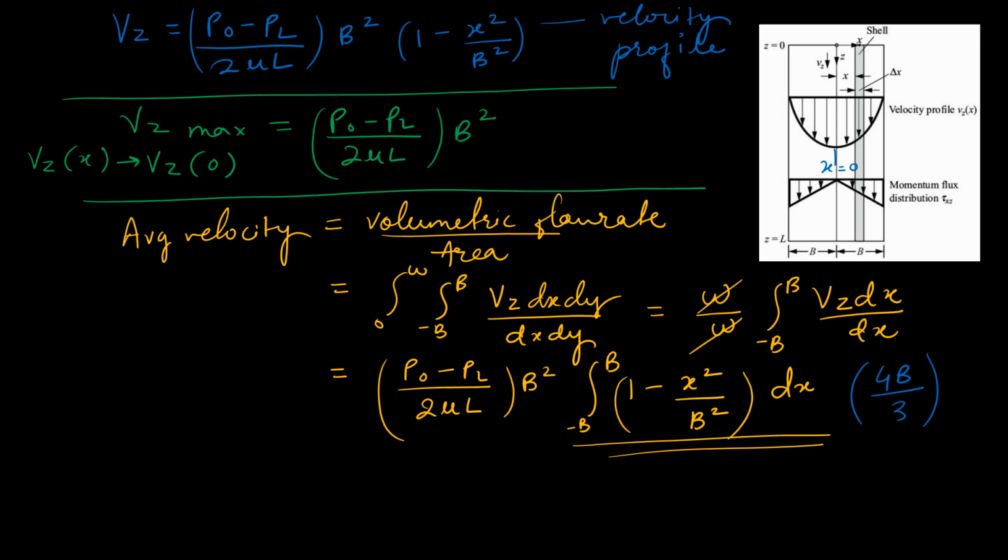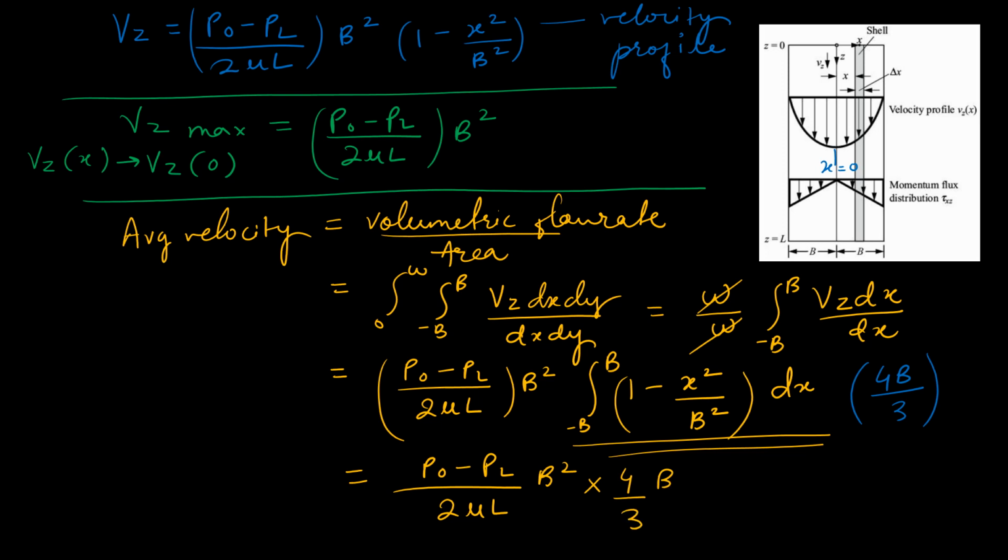So putting this value 4b upon 3, two mu L into b square into 4b upon 3.